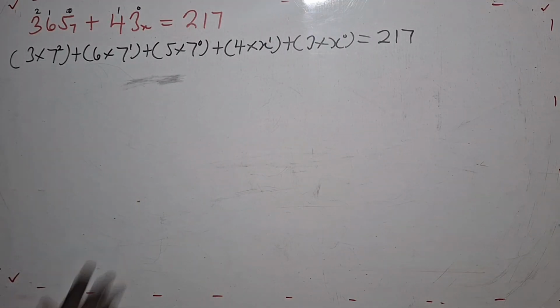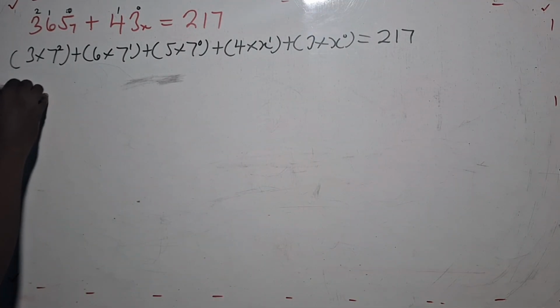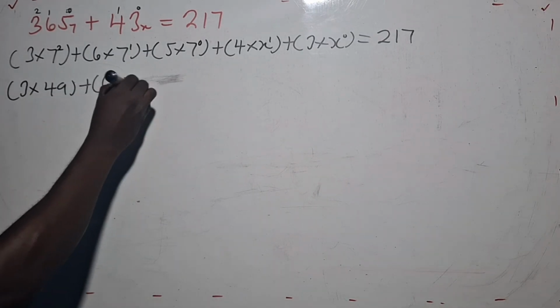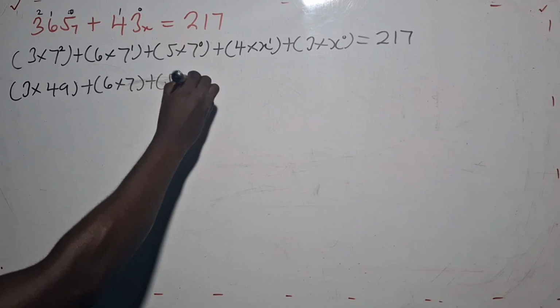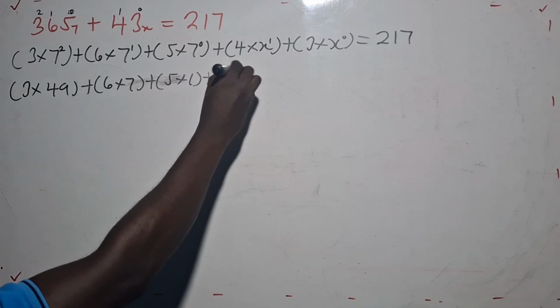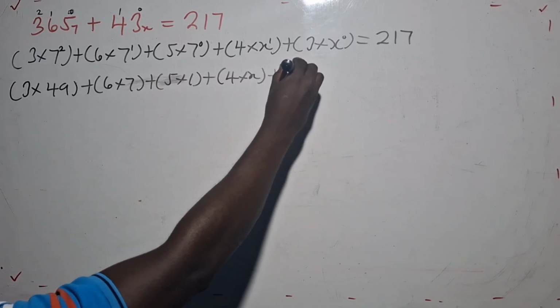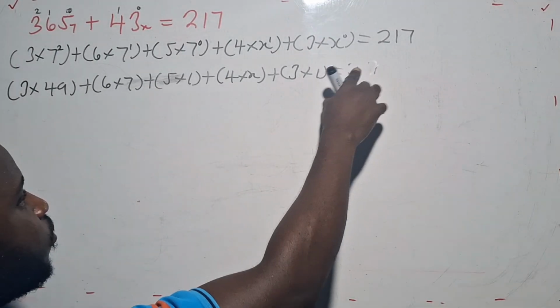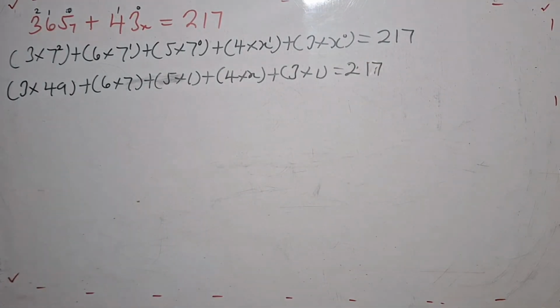217. Since that one is in the decimal base, a number without a base, so this will give me 3 times 7 squared, which is 49, plus 6 times 7, plus 5 times 1, plus 4 times x, plus 3 times 1 is equal to 217.